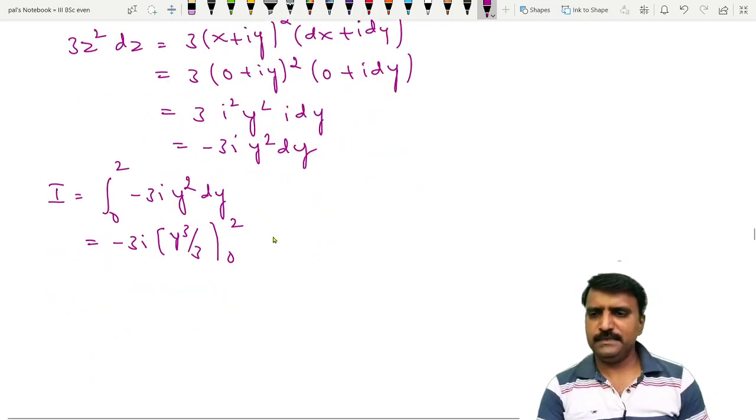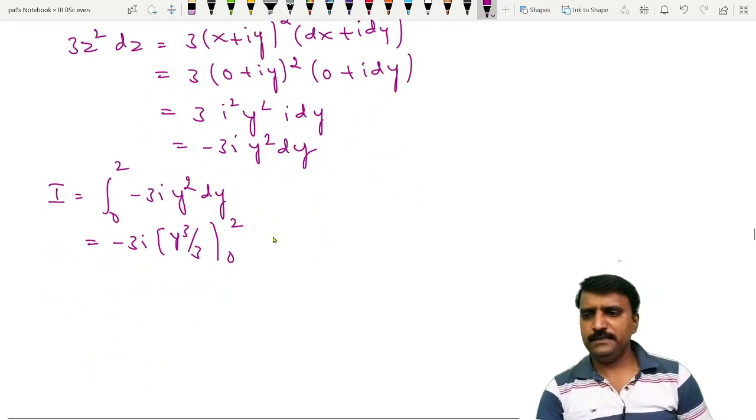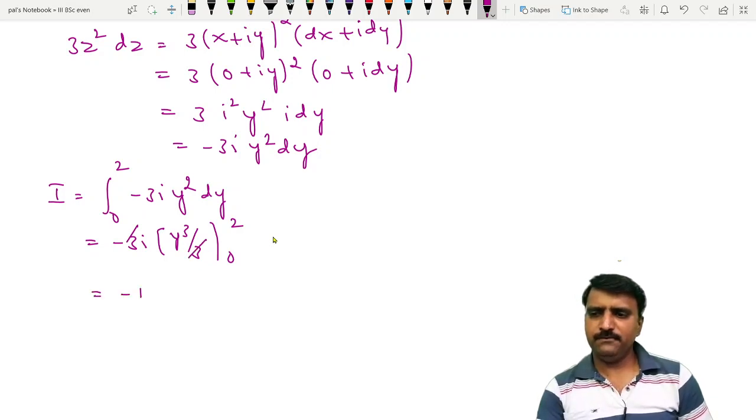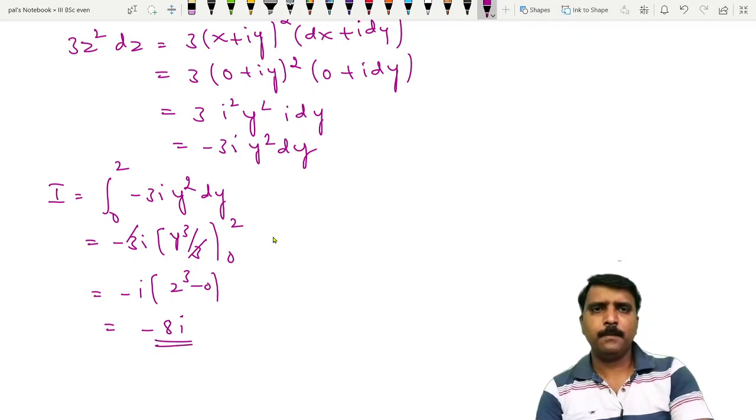You can cancel that 3 here. To the remaining one, if you apply the limit, minus i into (2 cube minus 0), which is equal to minus 8i, the required value of the integral.